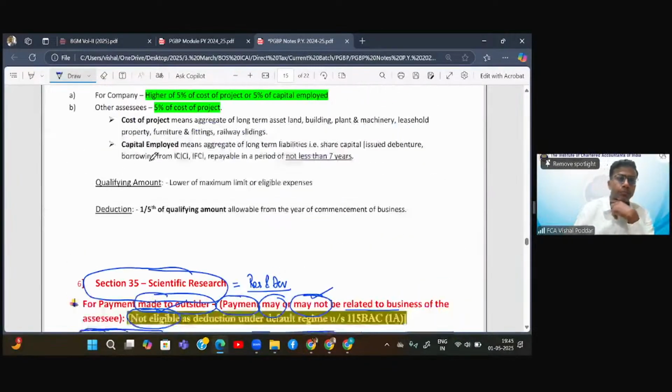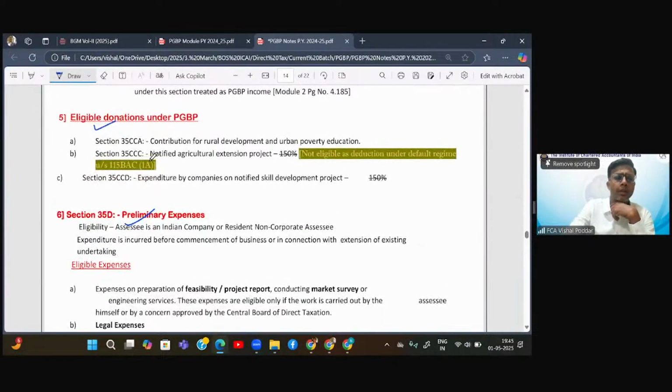Okay. Let us cover the remaining smaller sections. If you remember, there are some donations which are allowed as deduction under PGBP. So these are the sections which allow donation for deductions.